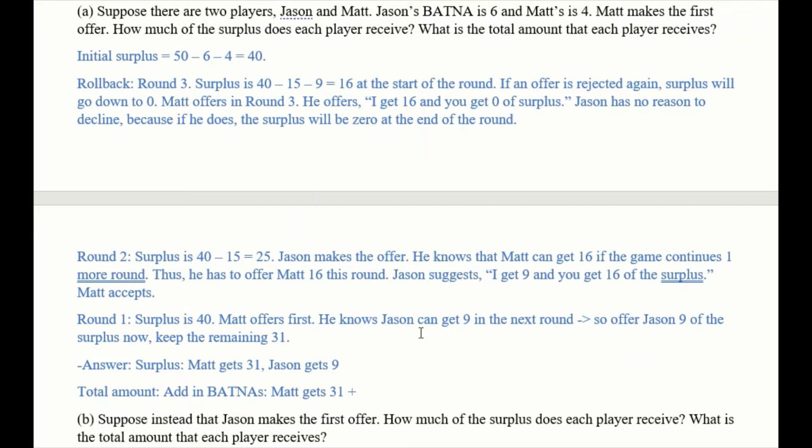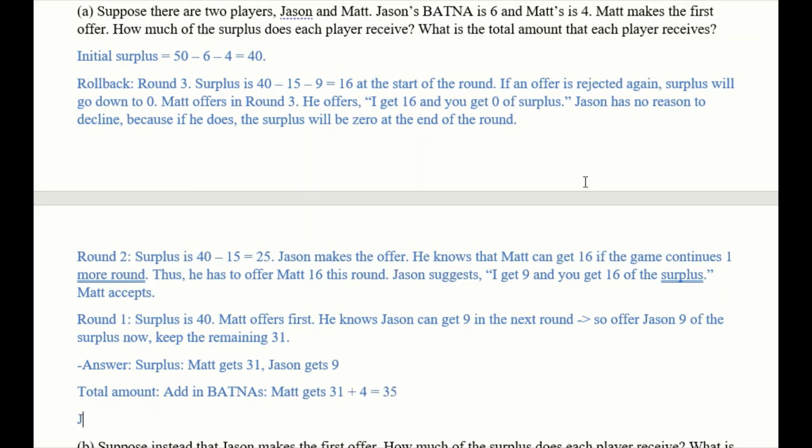So my BATNA was 4. So I get 31 plus 4 overall, which is 35. Jason's BATNA was 6. So he gets 9 of the surplus and 6 from his BATNA.